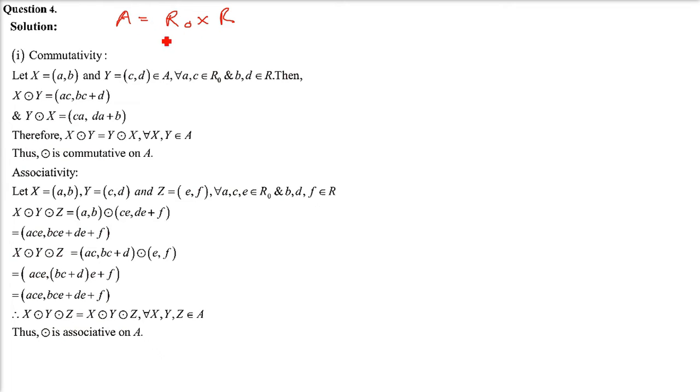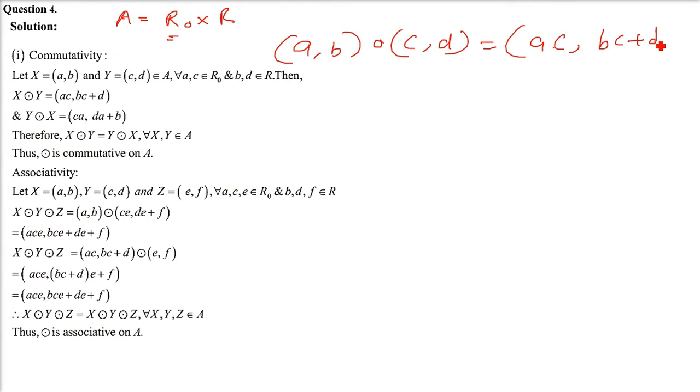A binary operation O is defined on A like this: (A, B) operated with (C, D) gives (AC, BC plus D), for all (A, B) and (C, D) belonging to R0 cross R. So whether it is commutative or not, whether it is associative or not.